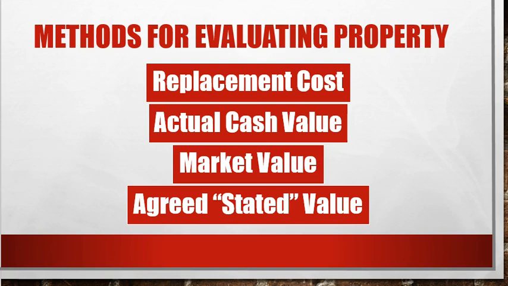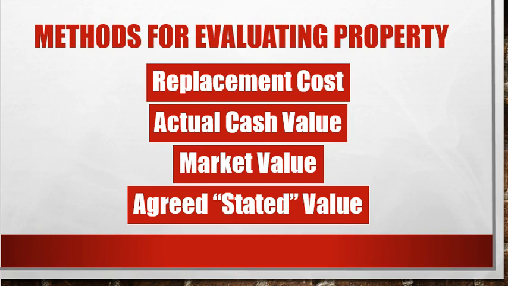But you also have the actual cash value, where the payout of your loss is going to be the depreciated value, not necessarily what you paid for the asset, but typically what it's worth today minus the depreciation. And then you have replacement cost value, which is what we were just talking about. In most cases, this is going to be better than the actual cash value because you're going to be paid what it costs to restore the asset.